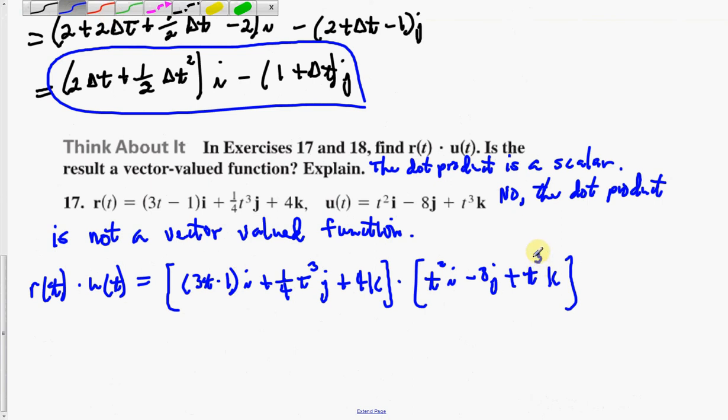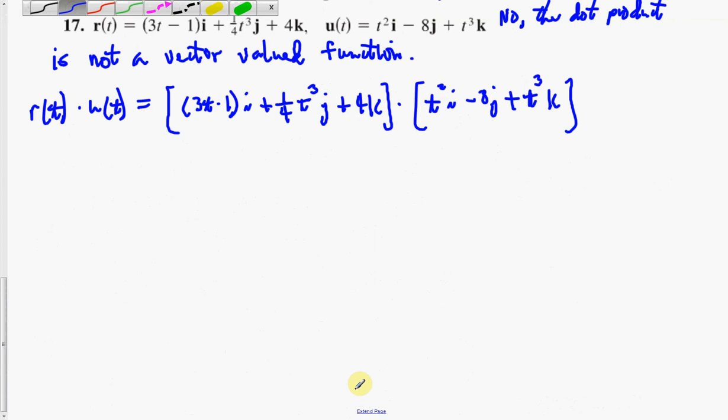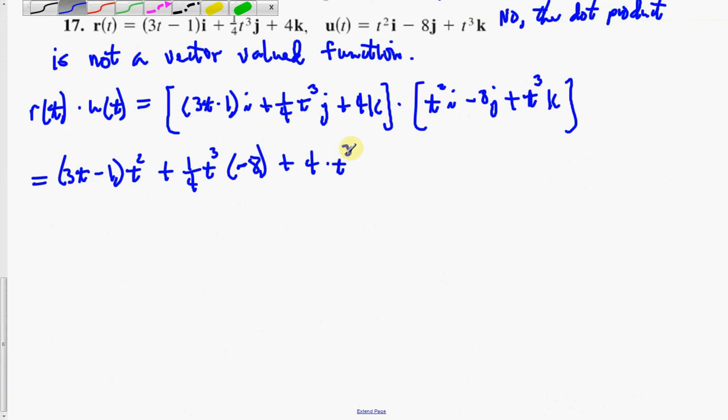So we get the like components together. So the dot product here becomes the 3t minus 1 times the t squared. We get the I components together. And then this is plus 1/4 t to the third times the negative 8. Those are the j components together, plus the k components, 4 times t to the third. And so here we're just left with simplification.